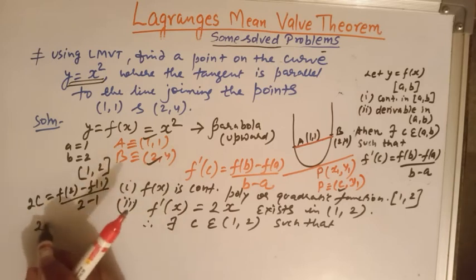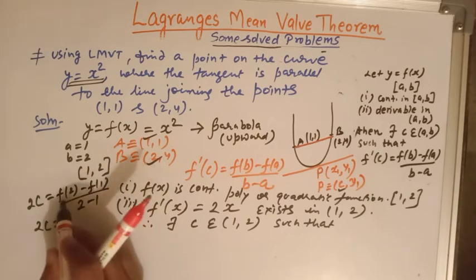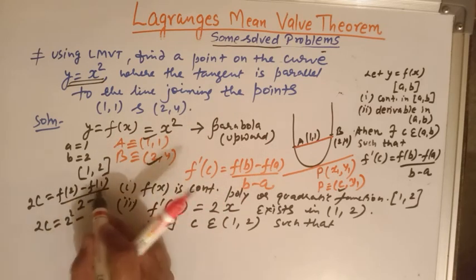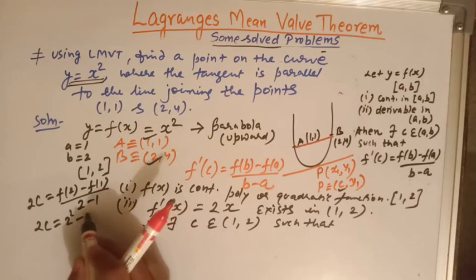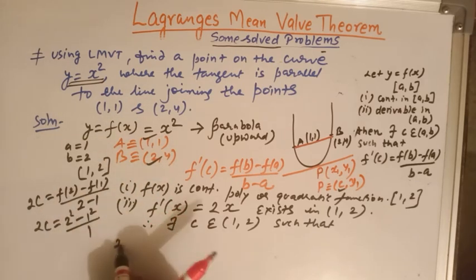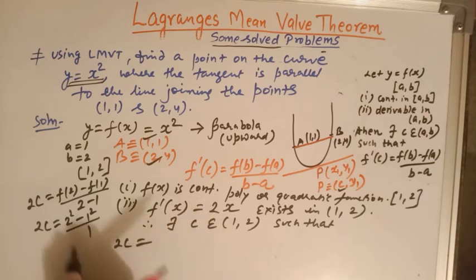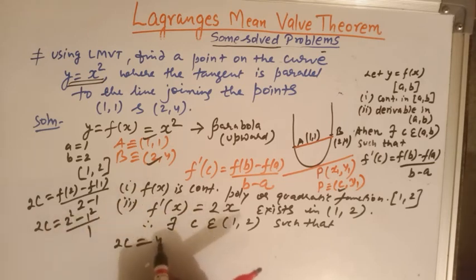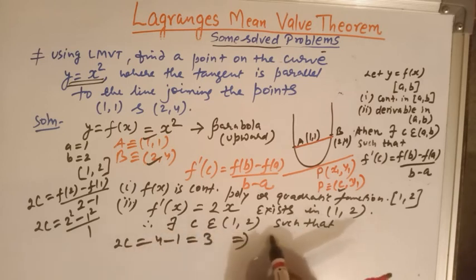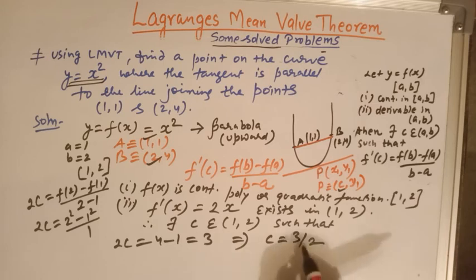So 2c is equal to f(2), which is 2 square, minus f(1), which is 1 square, and 2 minus 1 is 1. So we have 2c is equal to 4 minus 1, which is 3. This implies c is equal to 3 by 2.